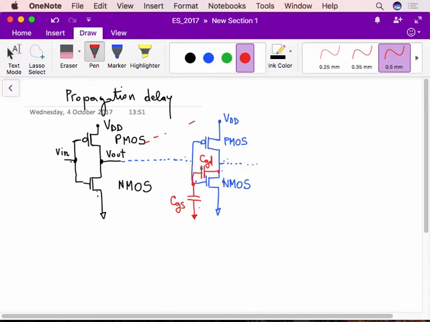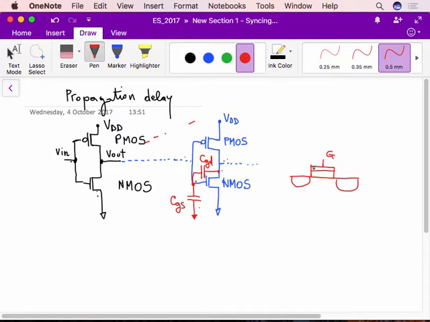And in the particular case of the NMOS, this is probably something I should like to stress. Let's assume this is the NMOS. This is a longitudinal cross-section drawing.